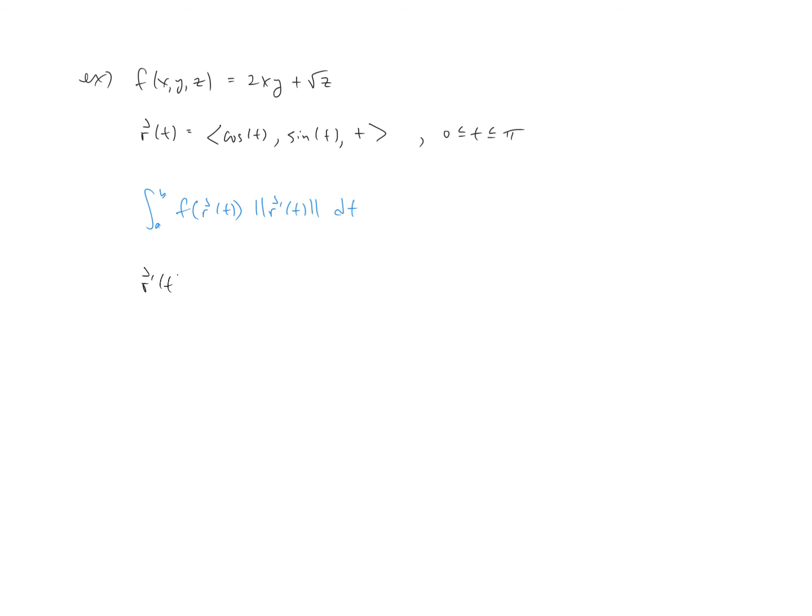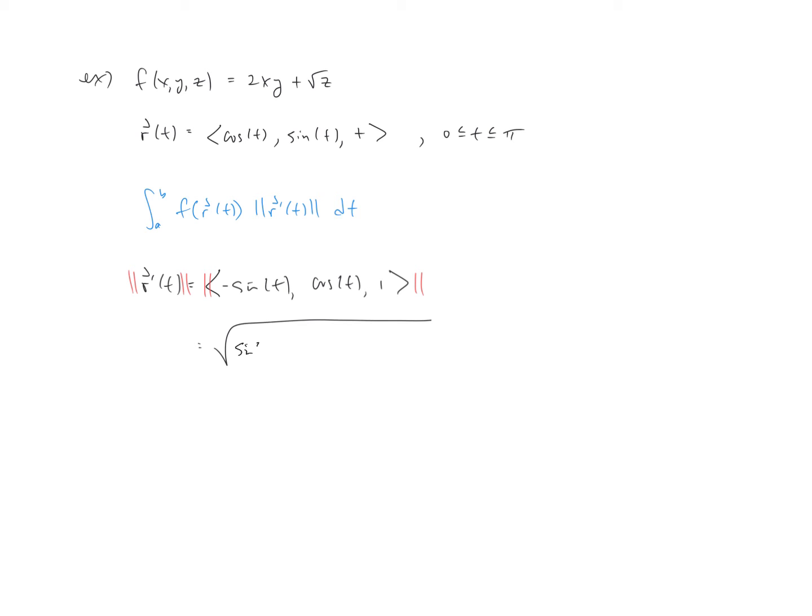So r prime of t. I know it's been a while since we've dealt with vectors, but I'm just going to go term by term, taking the individual derivatives. I've got a negative sine t. I've got a cosine of t. And I've got a 1. I'll need to take the magnitude of this now. And if you remember that, that's going to be a big square root of this thing squared plus this thing squared plus this thing squared.